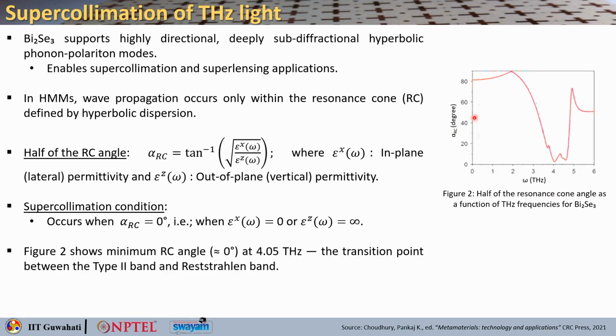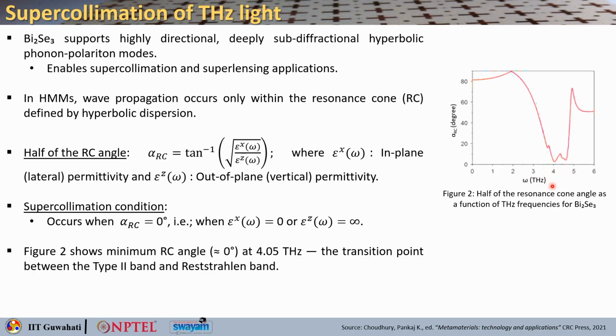So, Figure 2 shows a plot of alpha RC as a function of terahertz frequencies for this bismuth selenide material. Here you can see the minimum RC happening somewhere close to 4.05, which is almost RC equals 0 degrees, not exactly, but very close.